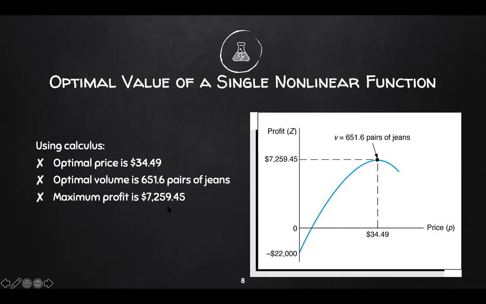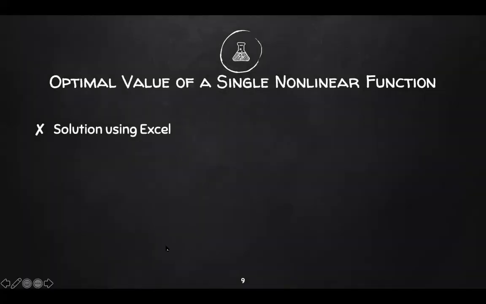Now, you might ask a question, Sir, what if hindi namin alam yung calculus? Or what if we do not know how to arrive or generate the derivative of a curve? So ang good news dyan is meron tayong Solver to solve this example.